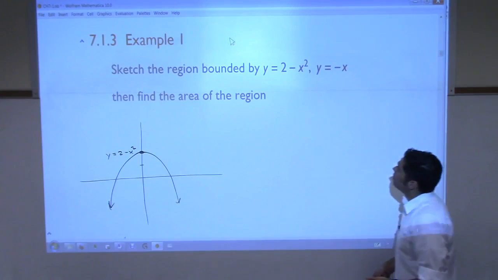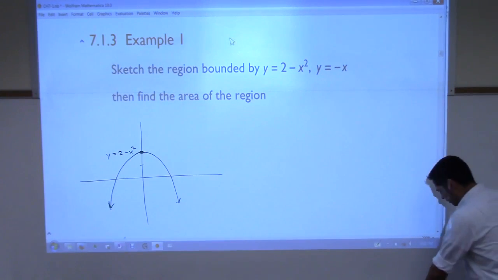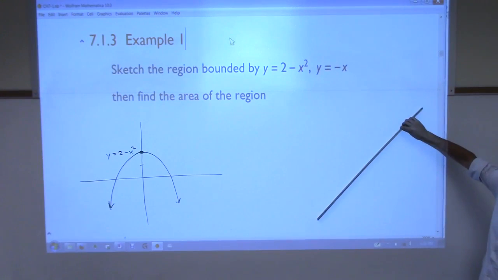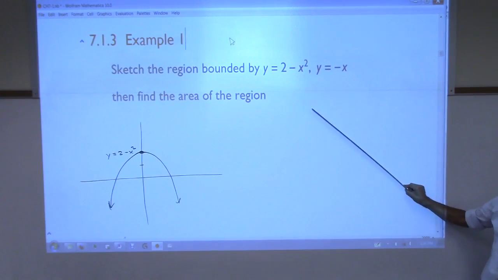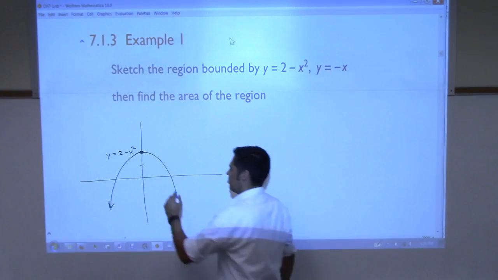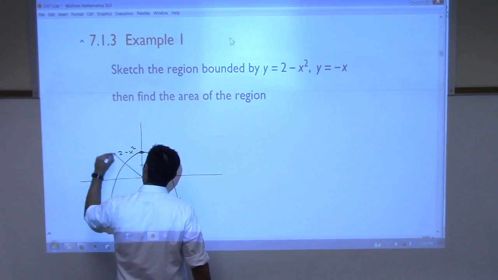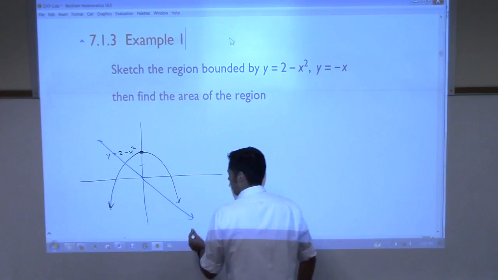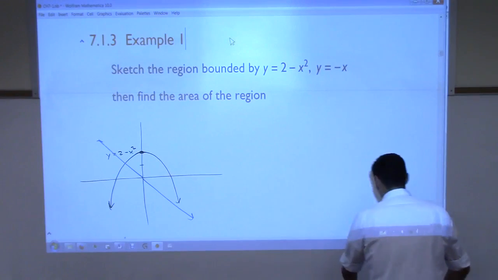And then we have another curve, y equals negative x, right? Which is basically, this is y equals x. Negative x is like 45 degrees the other direction, right? So it's going to look like a straight line, this. And maybe I should have extended that parabola down a little bit more.